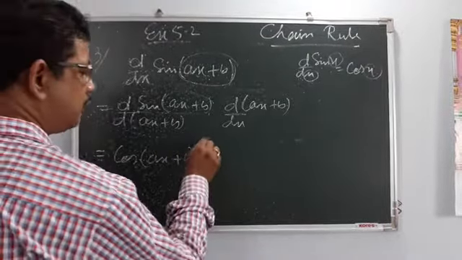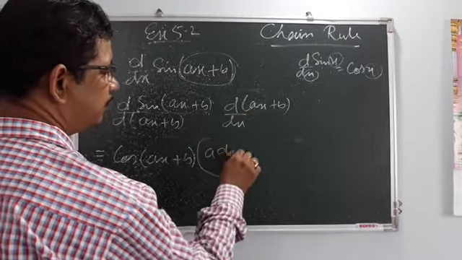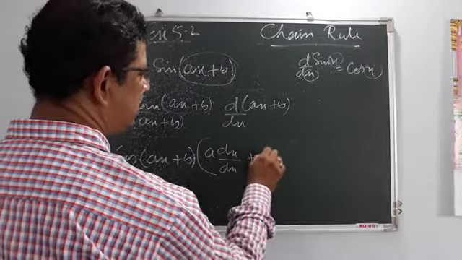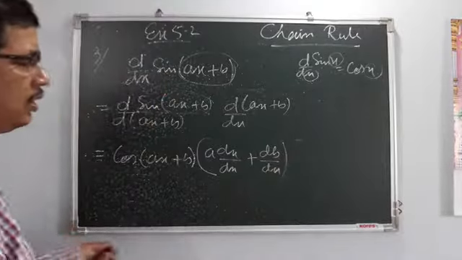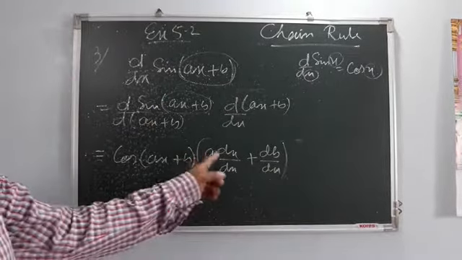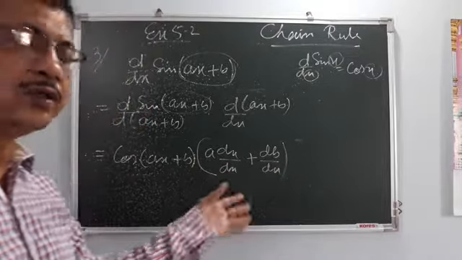Now if we differentiate that one, a is constant, so it goes outside: a d(x)/dx plus d(b)/dx. Differentiation of x with respect to x is 1, so a into 1 is a, and differentiation of b with respect to x is 0.